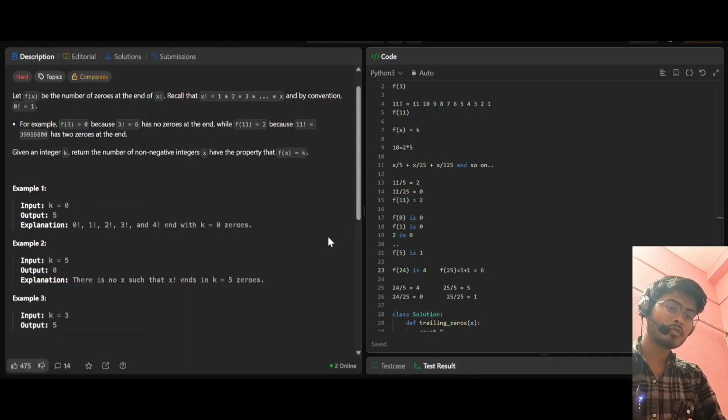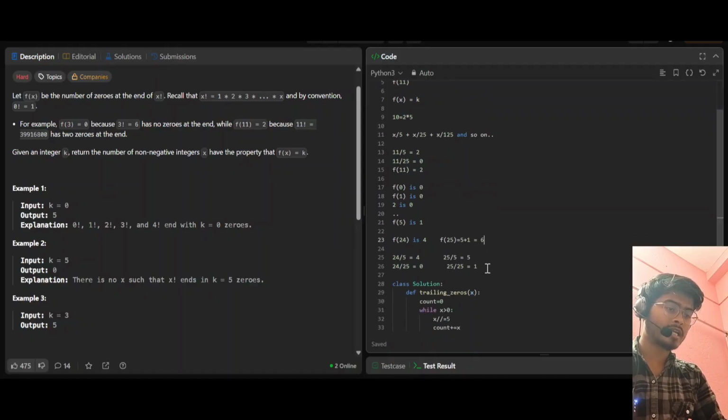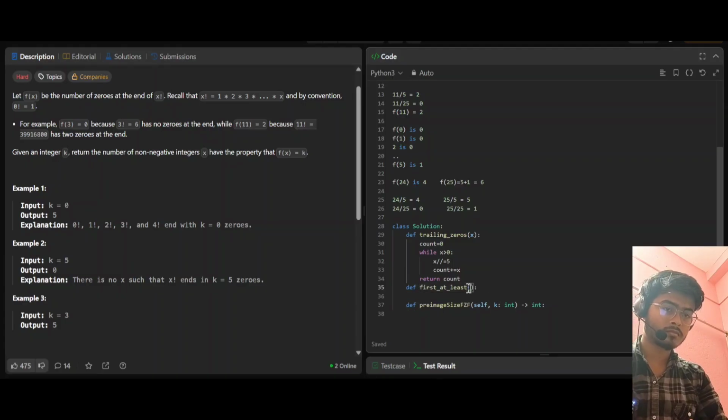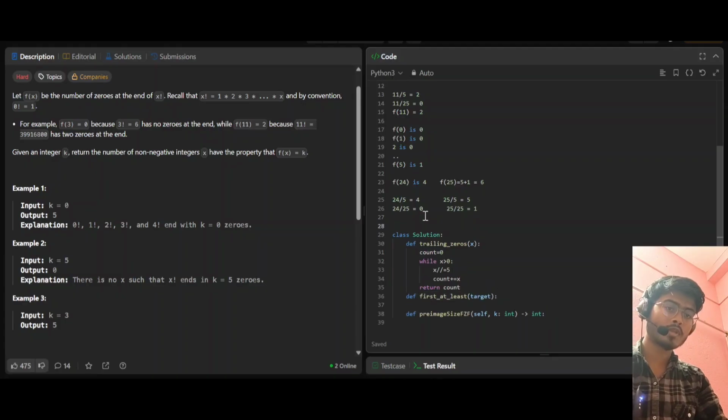We are going to create another helper function called firstAtLeast. This function will find the smallest value of x for which f(x) is greater than or equal to target.